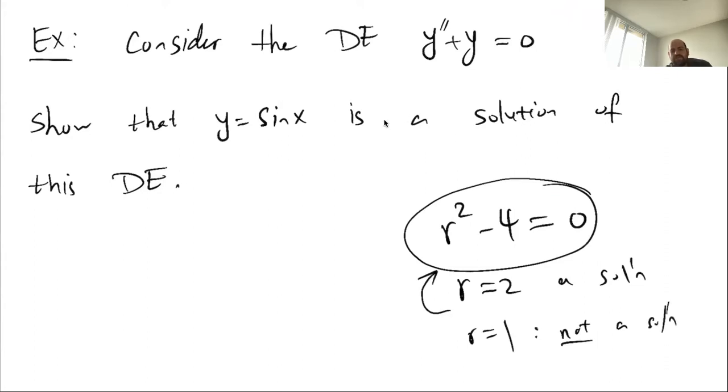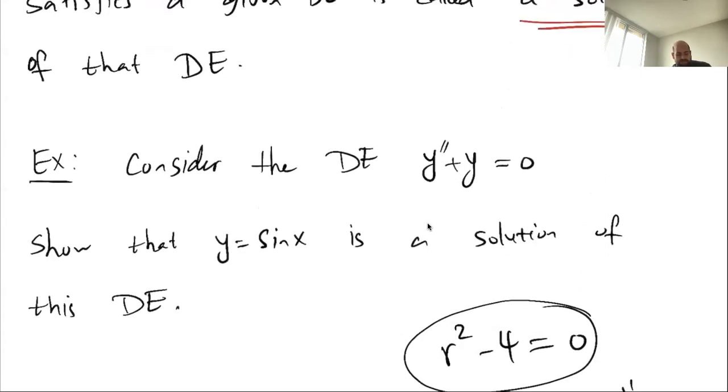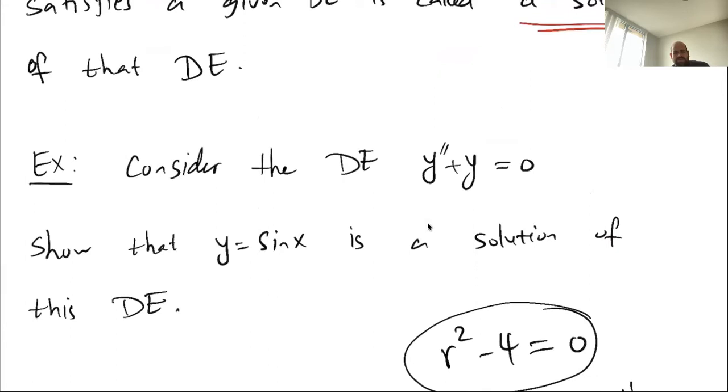Because when I replace r with 1, 1 squared minus 4 is minus 3, which is not 0. So if you replace r with a value and the equation is satisfied, then that's a solution. If the equation is not satisfied, then it's not a solution. Same thing here. If we replace y with sine x and the left-hand side becomes 0, then that means sine x is a solution. But if we consider another function that when we replace y with it we don't get 0, then that's not a solution.